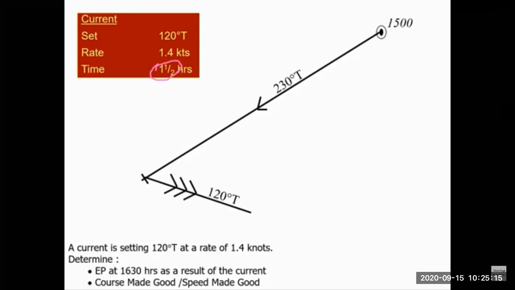The current is always towards, as we have seen, and three arrows denote the current and one arrow the course to steer. So just cut an arc from your compass of 2.1 miles and then you join from the initial position 1500 to this estimated position, and you will get your 1630 estimated position.